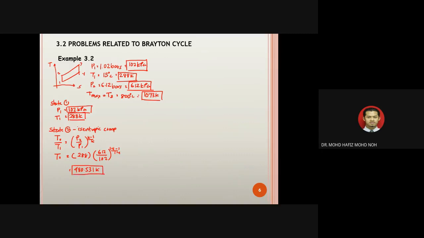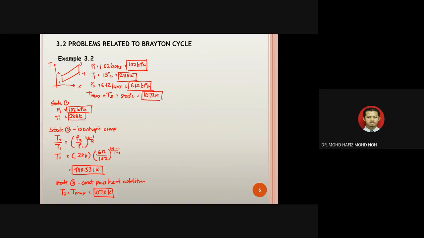And then you go to state 3. It is a constant pressure heat addition. So T3 is equal to T maximum, which in this case is 1073 Kelvin.